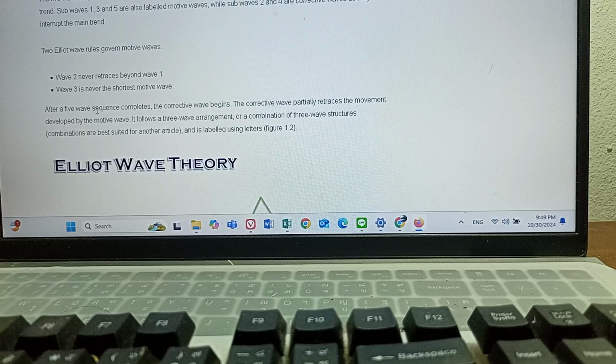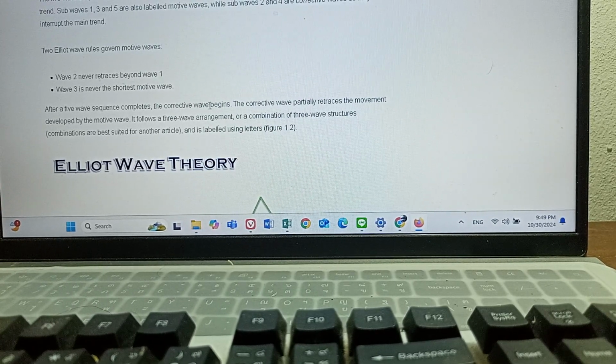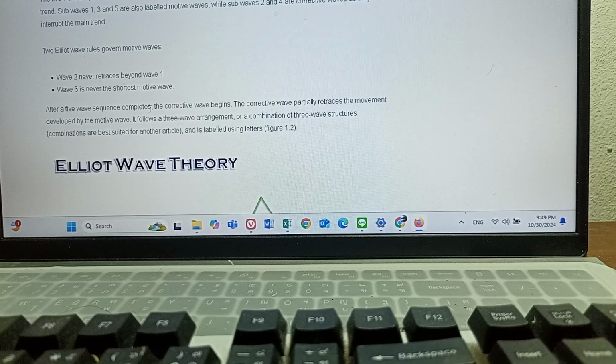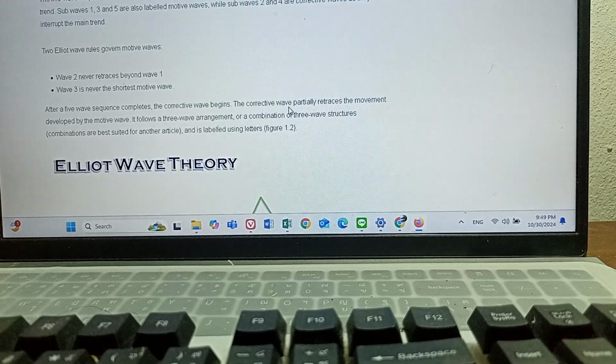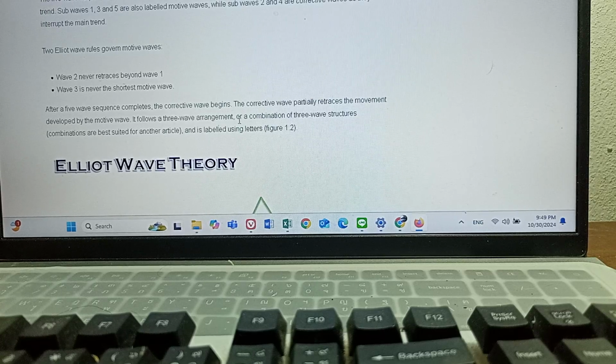After a 5-wave sequence completes, the corrective wave begins. The corrective wave partially retraces the movement developed by the motive wave. It follows a 3-wave arrangement or a combination of 3-wave structures.